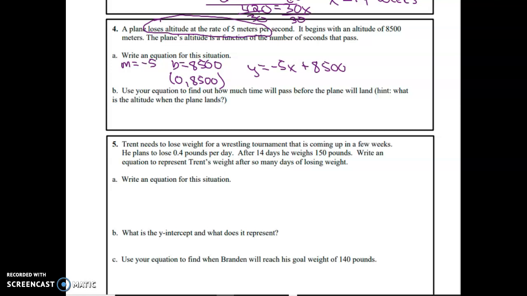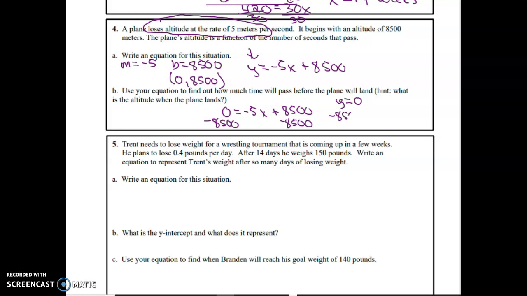So use your equation to find out how much time will pass before the plane lands. When the plane is landing, the altitude is going to be 0 because you landed. So put 0 in for y and solve and see what's the time measurement, per second.